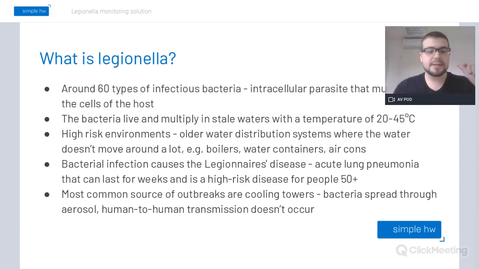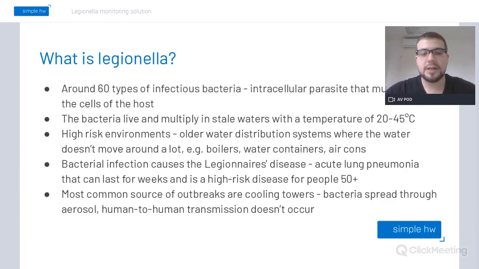One interesting thing is that the bacteria is called Legionella because it was first discovered, or researched, in 1976, when a group of American veterans from the American Legion had a convention, and out of around 230 participants, around 30 died as a result of contracting this disease.